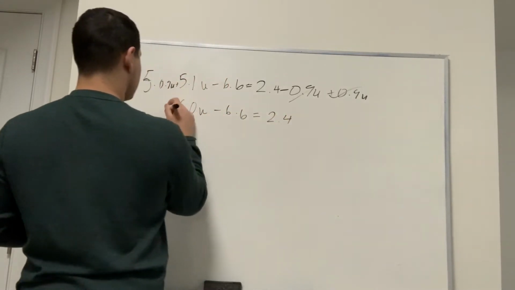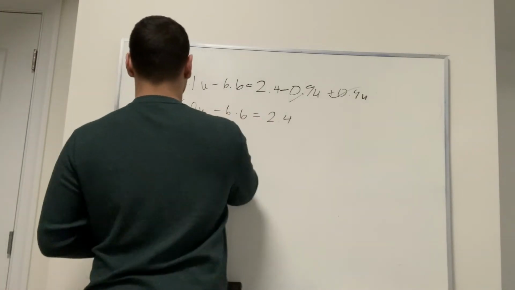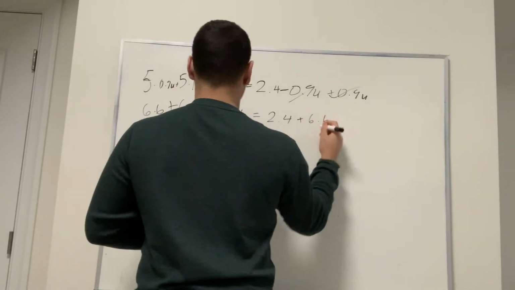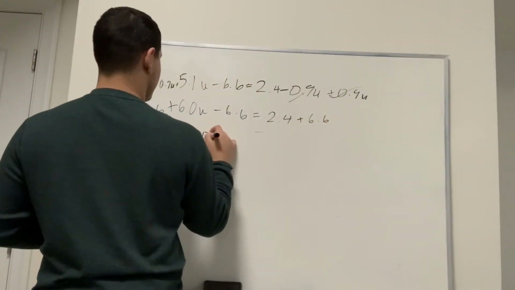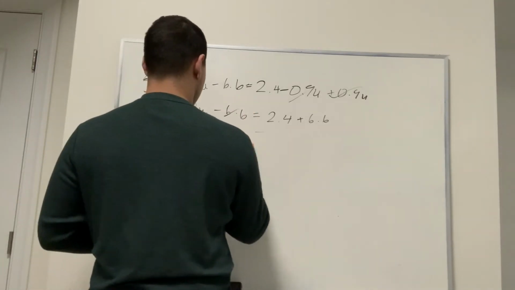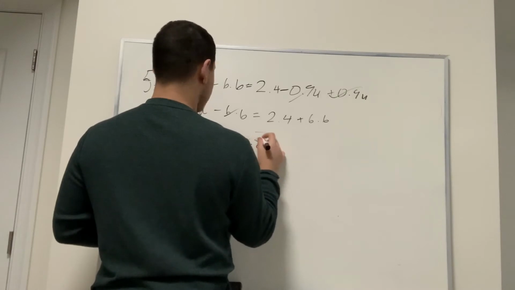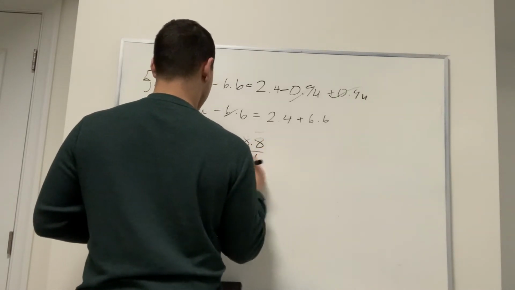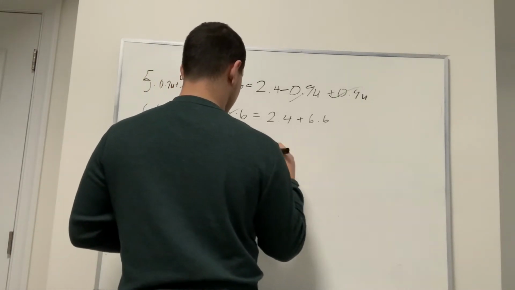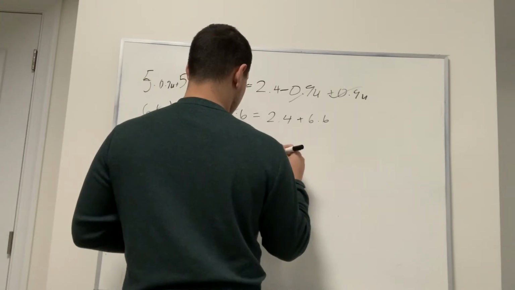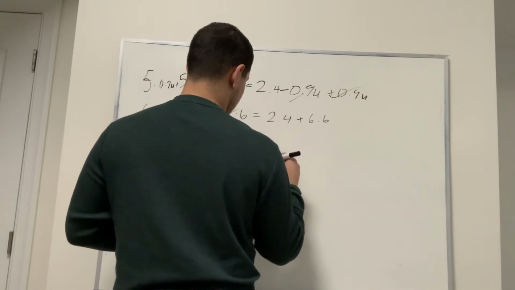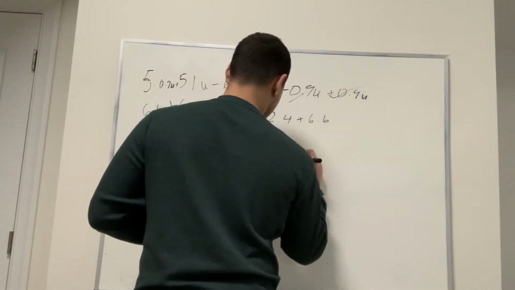And I want to add 6.6 to both sides. And I'm going to get 6u, 6.6 minus 6.6 is 0, equals 8.8. Divided by 6 equals 1.3.